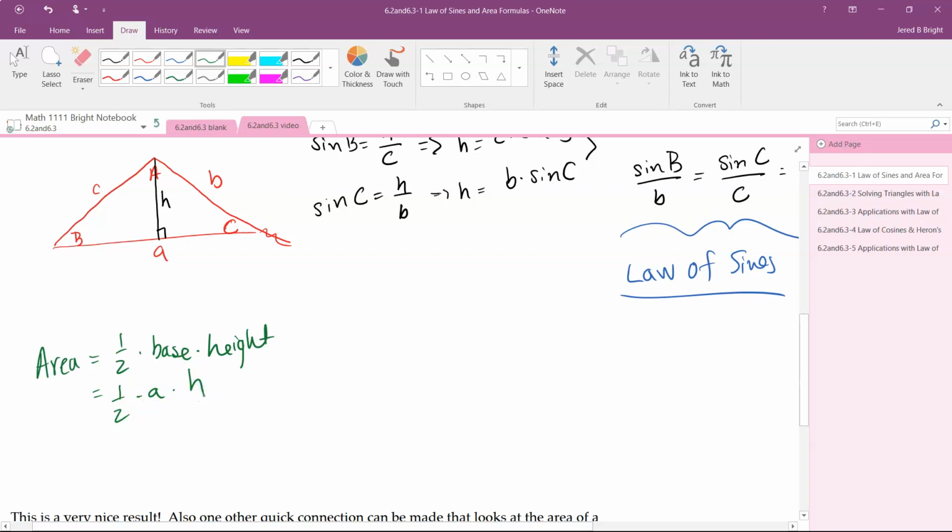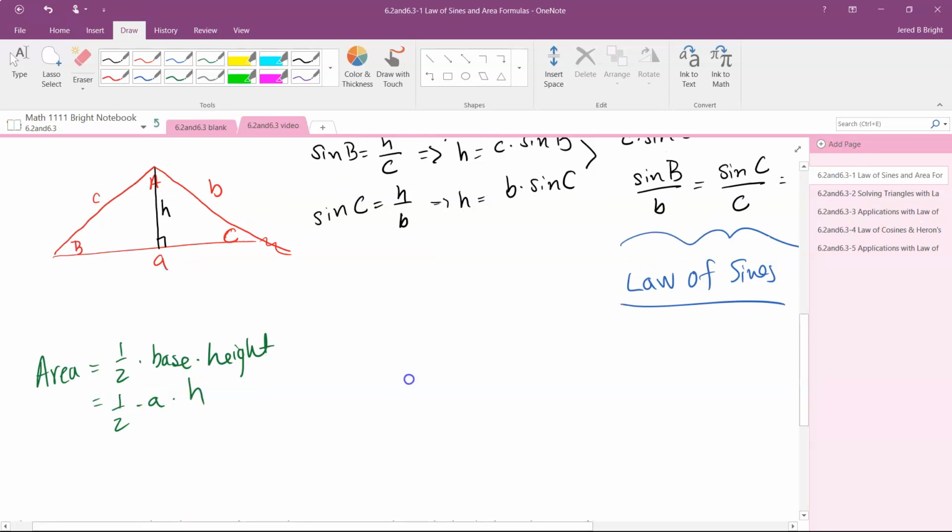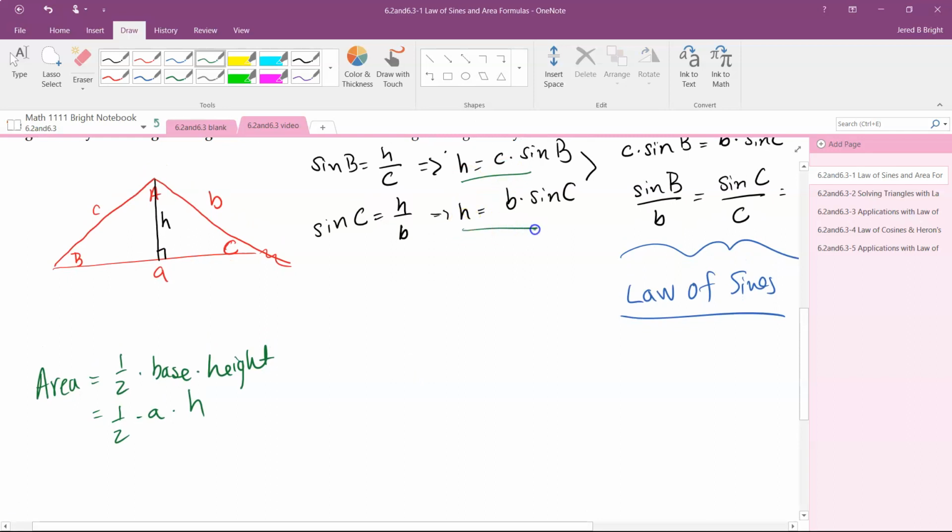That's fine. But now remember I have two different expressions for h. So I could say that this is equal to 1/2 ac sine of B, or I could say this is equal to 1/2 ab sine of C.